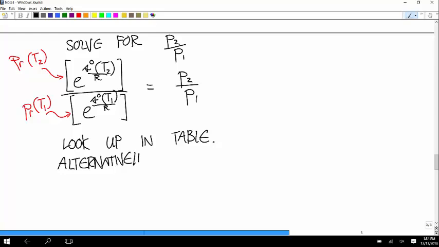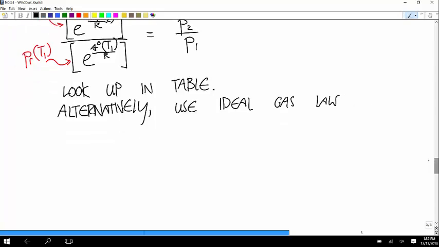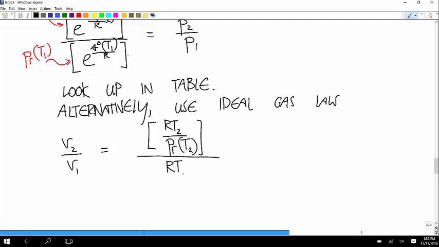Alternatively, using the ideal gas law, you can get an expression that says specific volume 2 over specific volume 1 is equal to this ugly thing: R temperature 2 over the relative pressure at temperature 2, divided by R temperature 1 divided by the relative pressure at temperature 1.